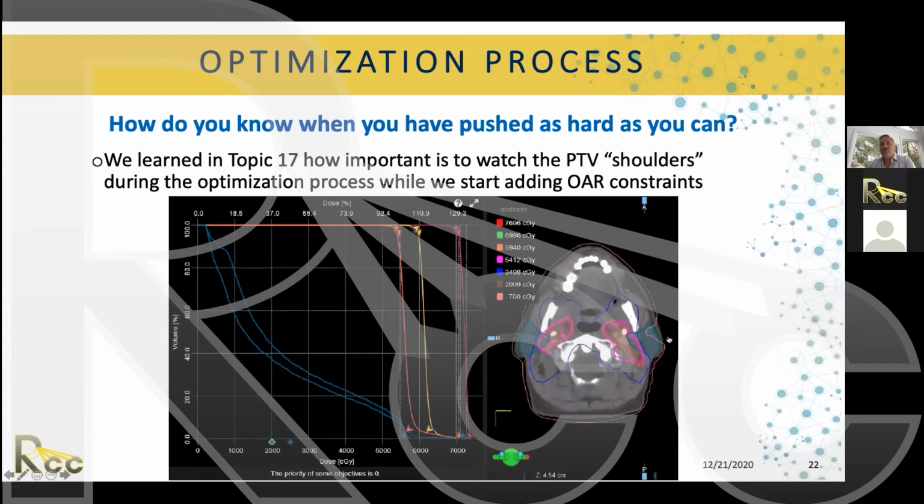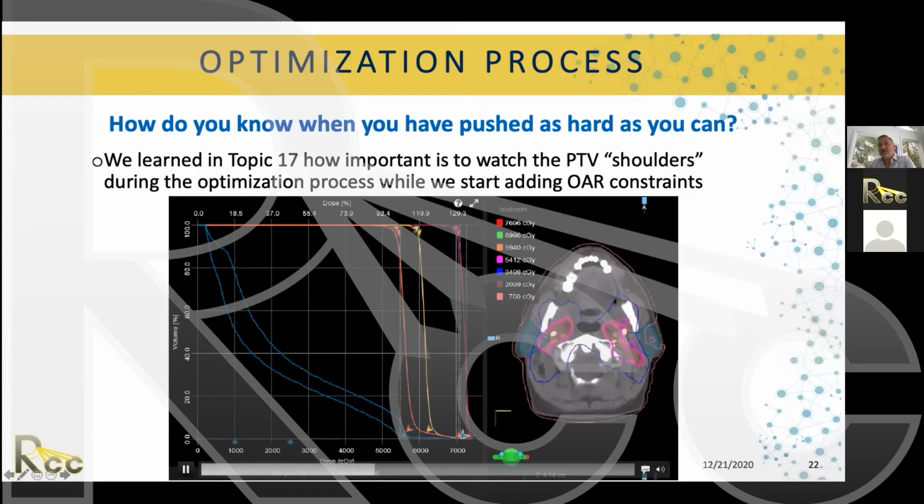I was exaggerating. I was looking at the left parotid and I was decreasing the mean dose a lot. I mean, this is unreal. While looking at the shoulders of the PTV, see, I decrease it, and you can see how these start getting separated from your objectives. Of course, this is not possible.